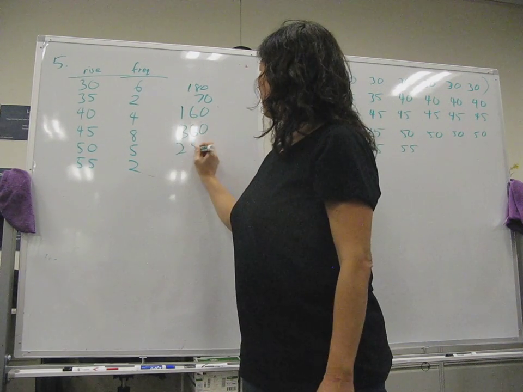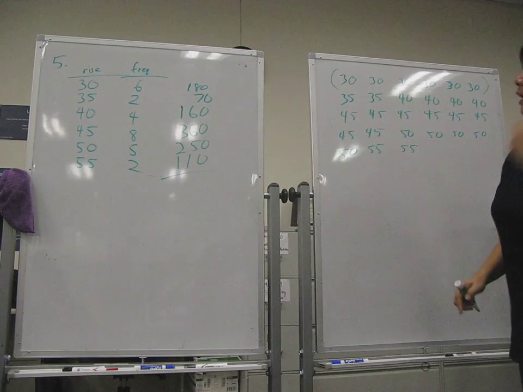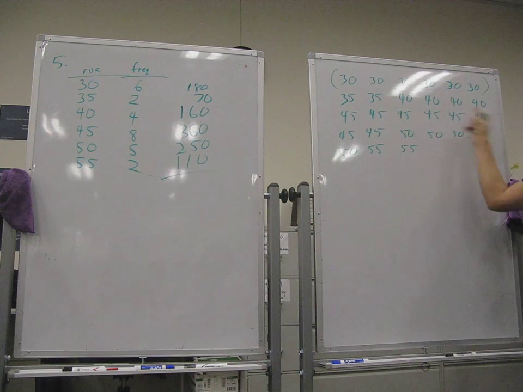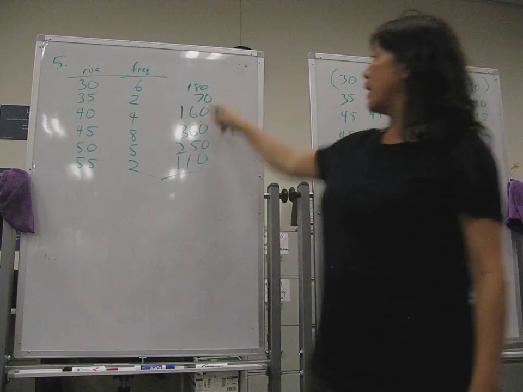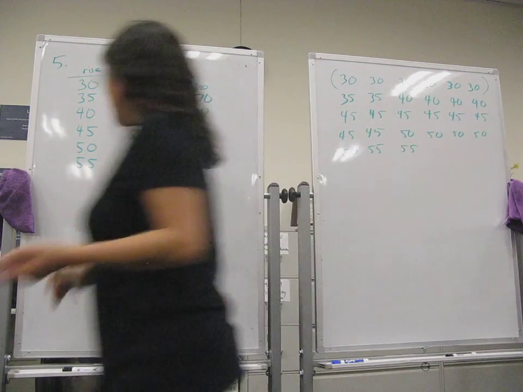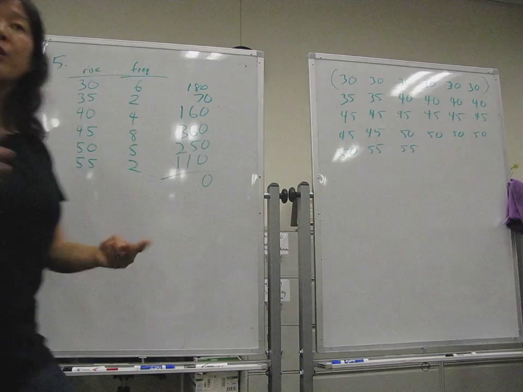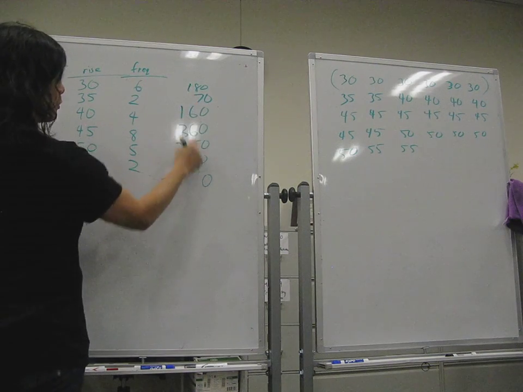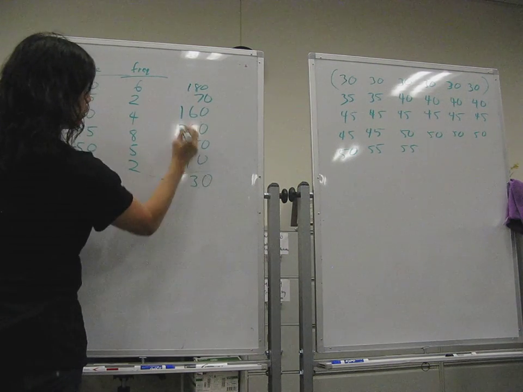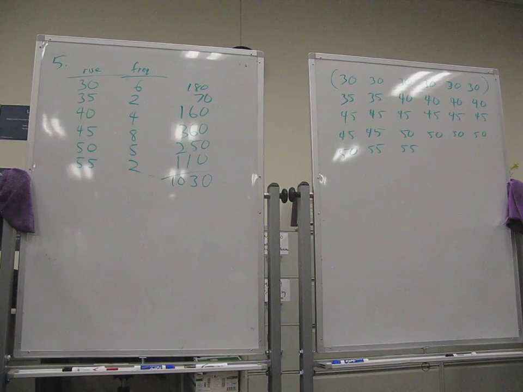And then 250, and then 110. And then add these guys. This just makes it a little bit quicker, but if you want, you can totally just add those instead. Either way, you'll still get the same result. 1,030. Good? So this is just a shortcut for adding these all up.